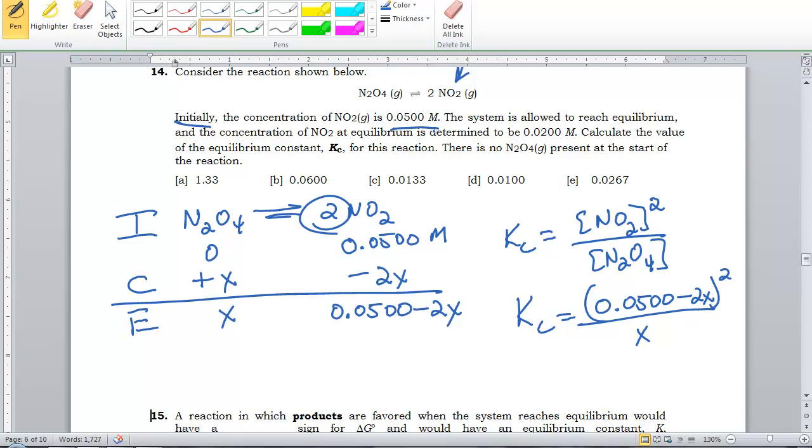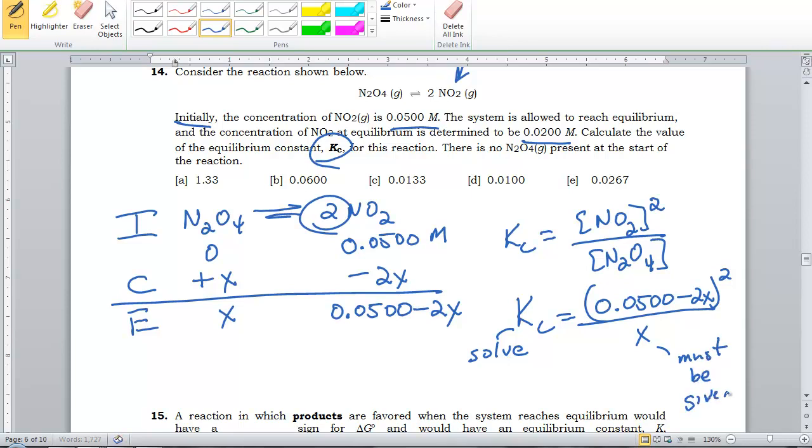Now as I read further, I'm given an equilibrium concentration of NO2, and I'm asked to solve for Kc. So now that I read the question more carefully, if I'm solving for Kc, X must be given.